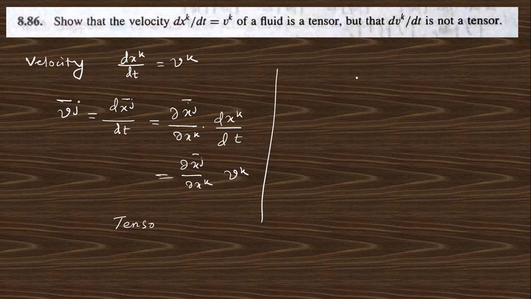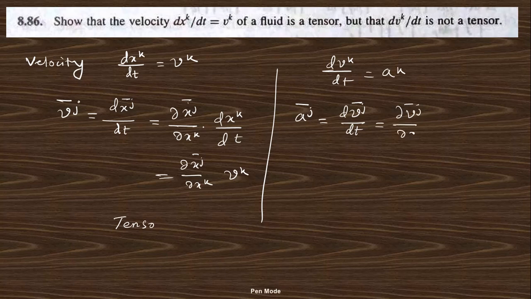But in the case of d v k d t, if you take it as a k, similarly a j will be d v j d t. So this is nothing but del v j del v k, and this is d v k d t. So you will get del v j del v k into a k.